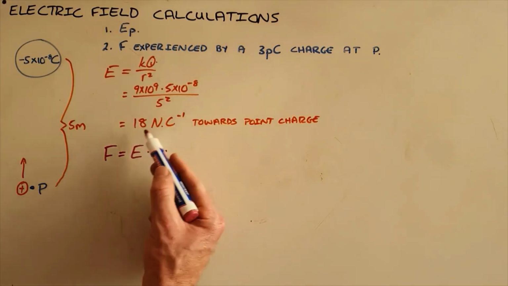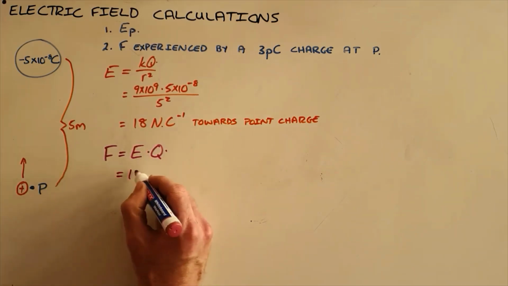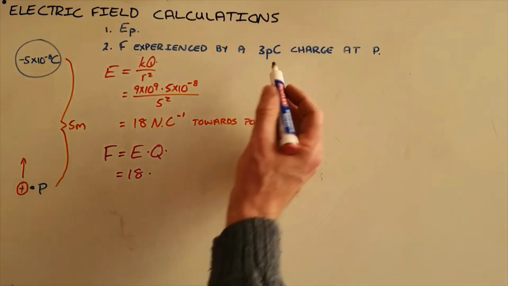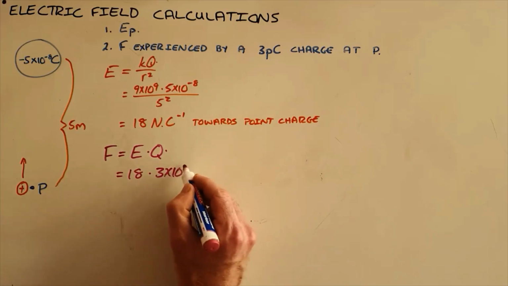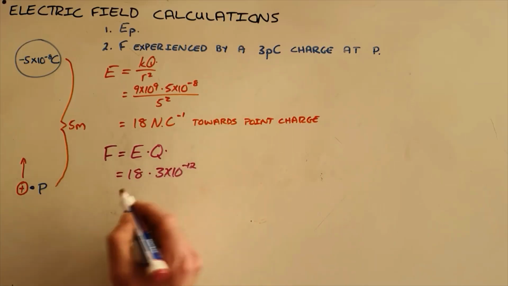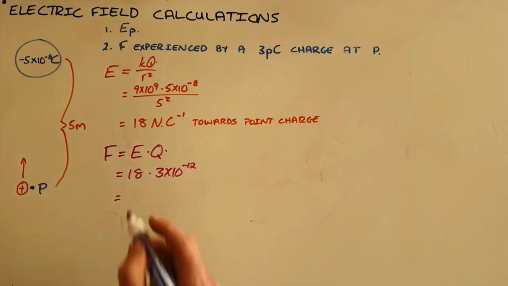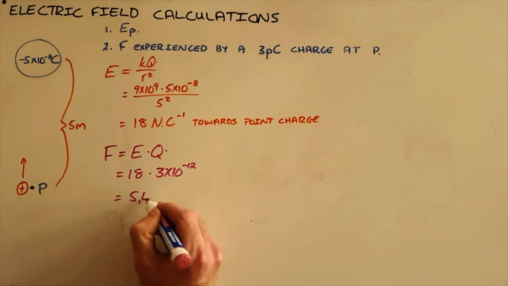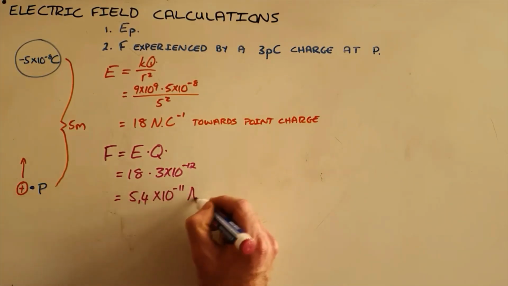The electric field we've already calculated at a distance of 5 meters away, so the electric field strength is 18, and the charge was given to us as 3 picocoulombs, which means 3 times 10 to the -12 coulombs. This then tells us that the force experienced is 5.4 times 10 to the -11 newtons.